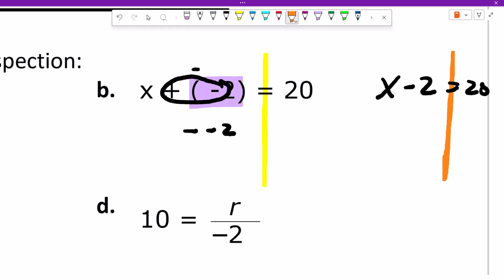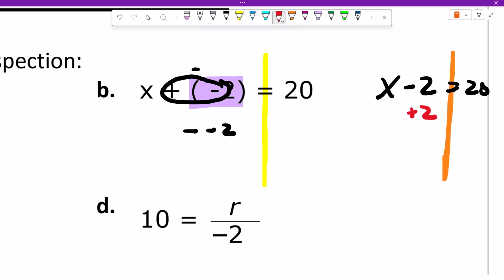Now when we focus on that side of the letter, we want to get rid of that 2, right? We're subtracting. The opposite of subtracting is addition, right? Visually you look at that and go, oh, minus 2 plus 2, that makes 0. We've done it right.